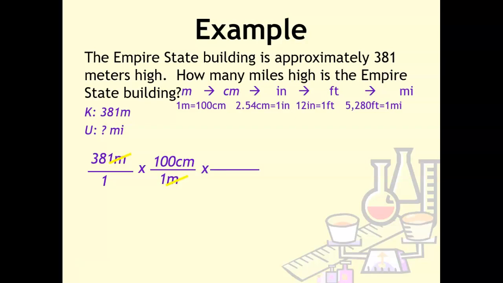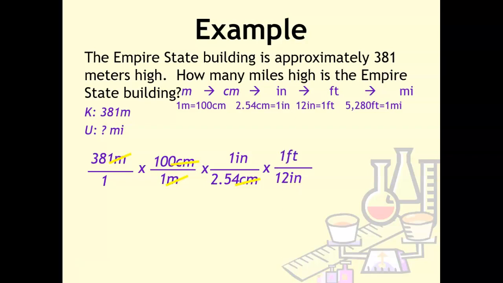Now, centimeters goes on the bottom with the conversion factor 2.54. Remember the one that goes on top? That's bigger because inches is actually bigger than centimeters. So the 1 is on the centimeters. Centimeters cancels. Okay. So inches is now on top. So inches is going to go on the bottom. And 12 inches is smaller than 1 foot.